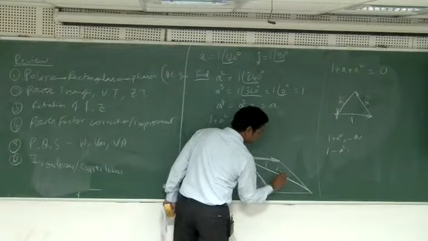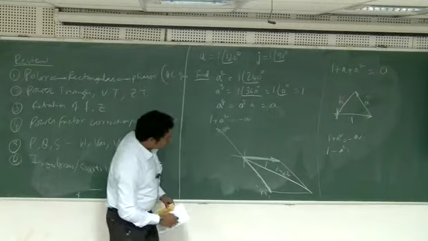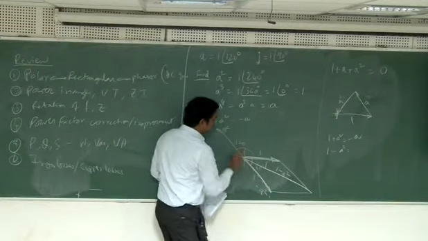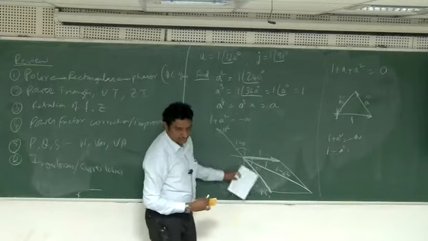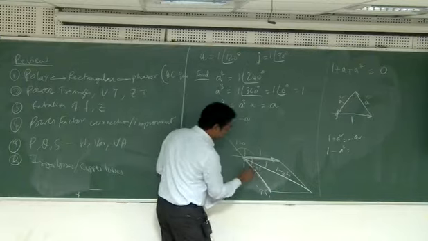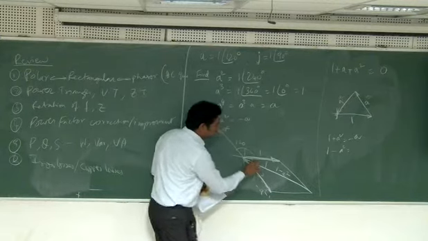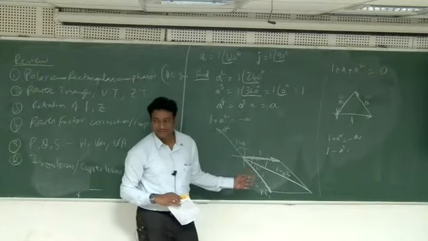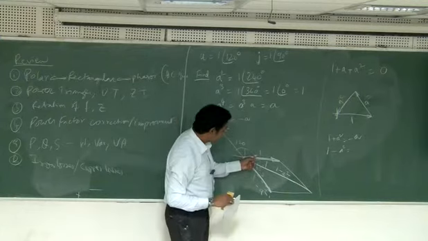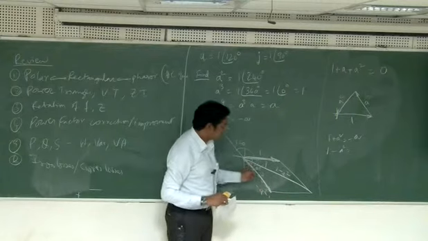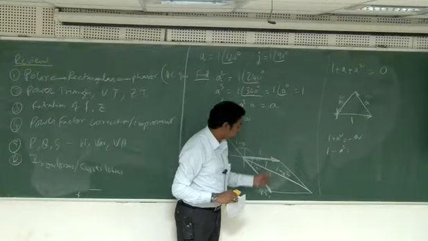This is 1 minus A square. This is 1 unit, this is 1 unit, and the total angle is 60 degrees because 180 minus 120 is 60, and these angles will be 30 degrees and 30 degrees. This is a rhombus in mathematics. All four sides are 1, and the angles are 60, 60, and 120, 120.